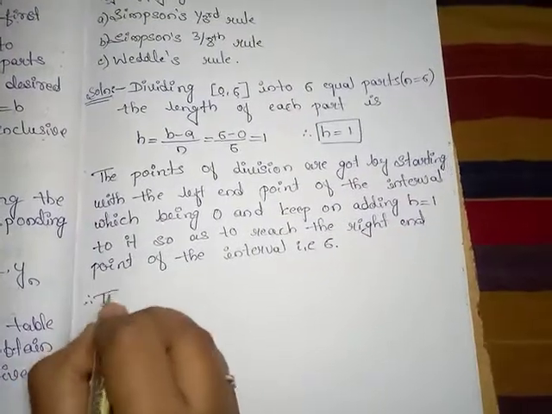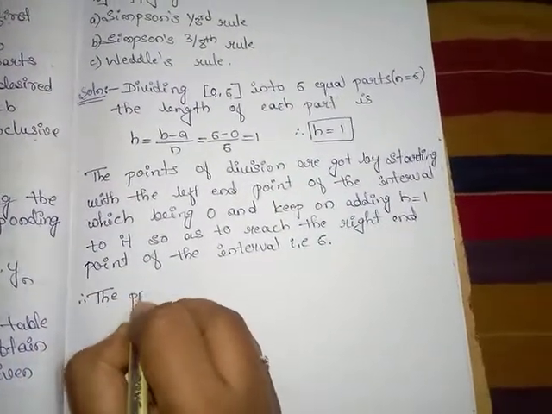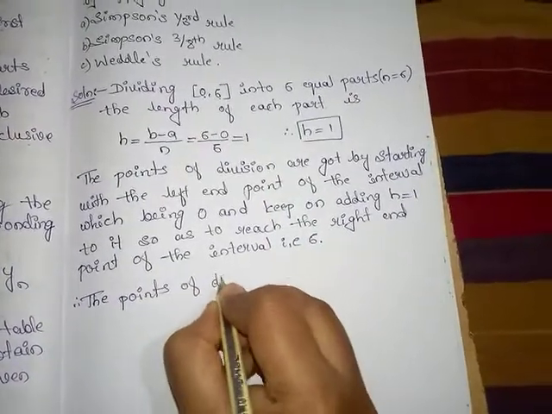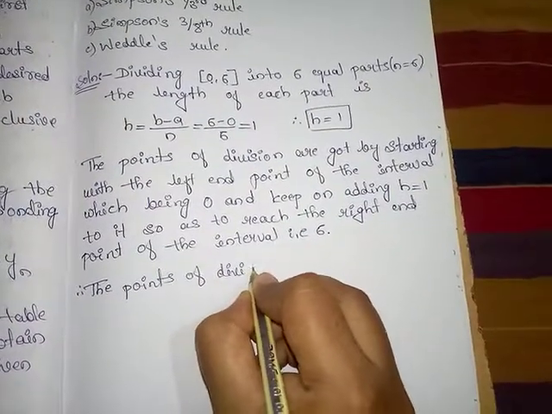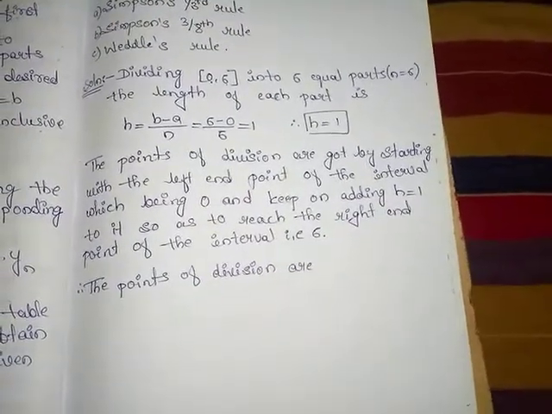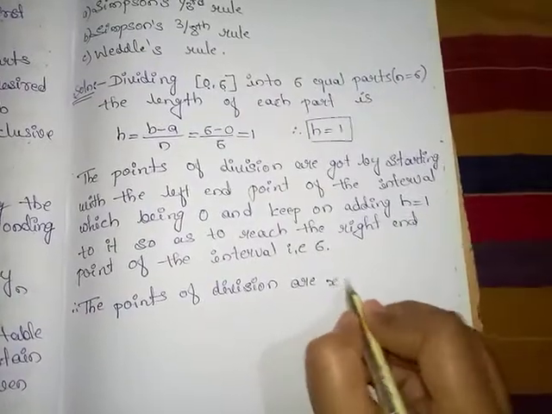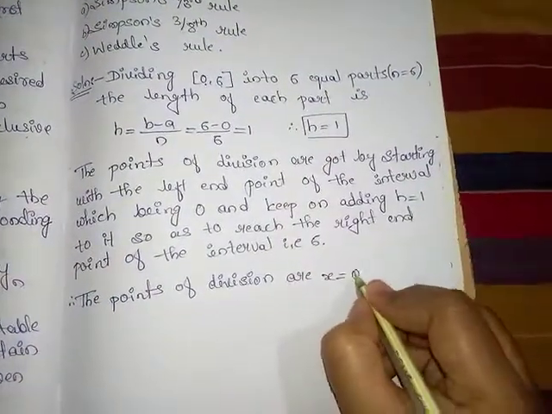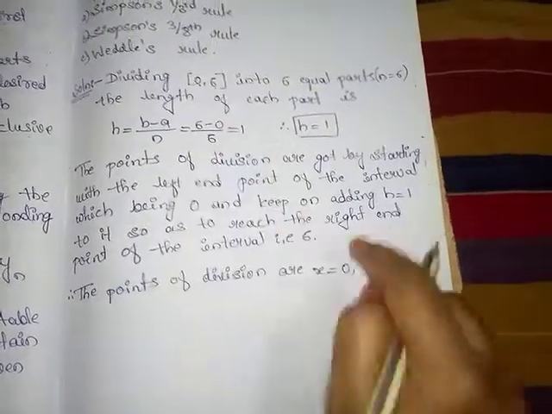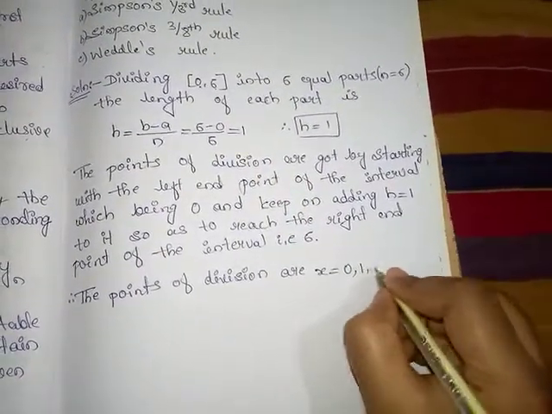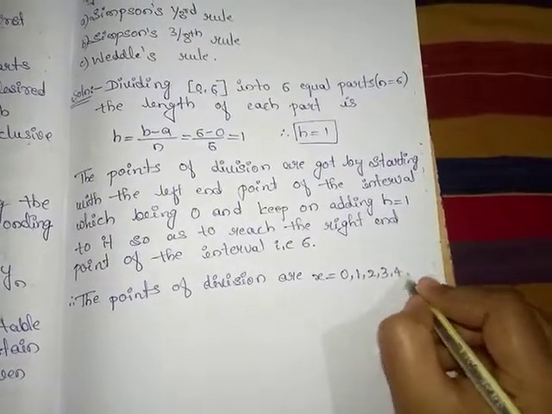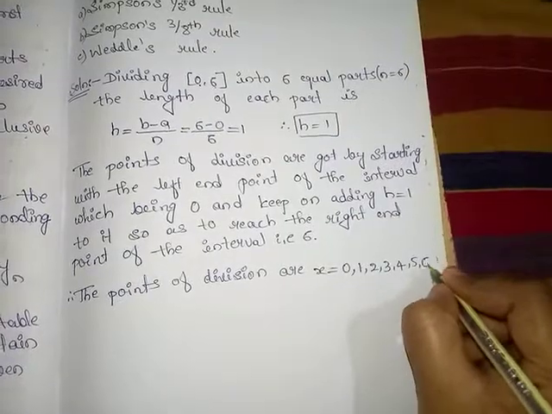Therefore, the points of division are x is equal to 0, comma, add 1 to it, then again add 1, it will be 2, 3, 4, 5, and last endpoint is 6.